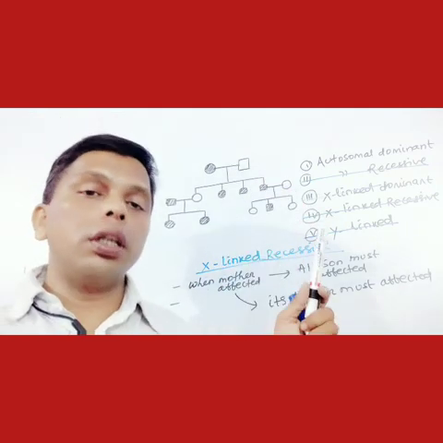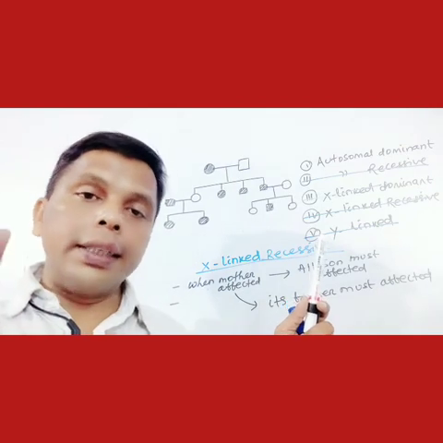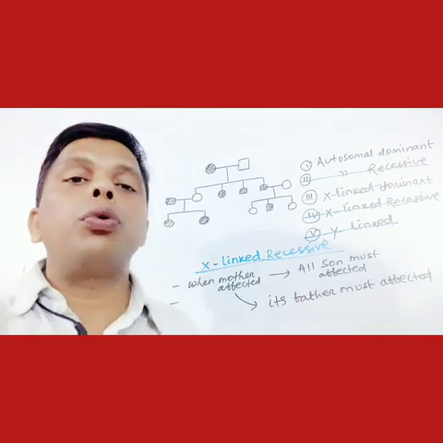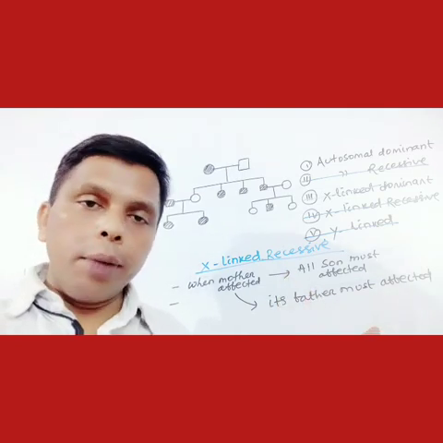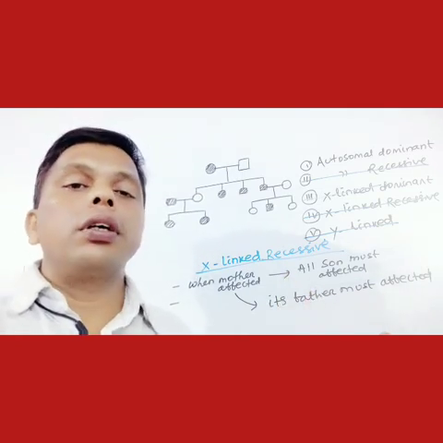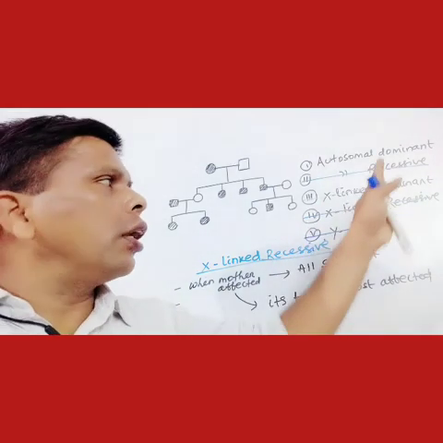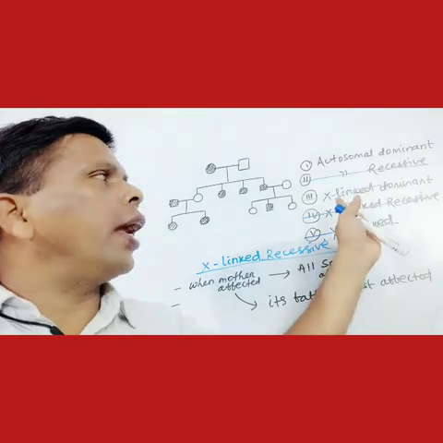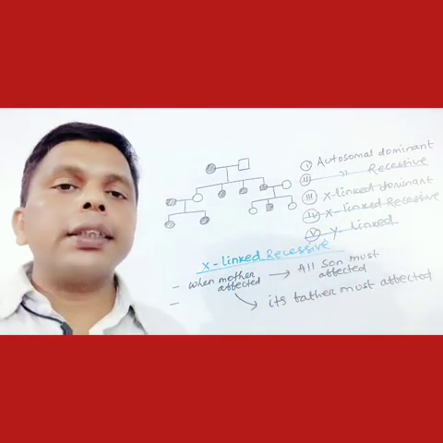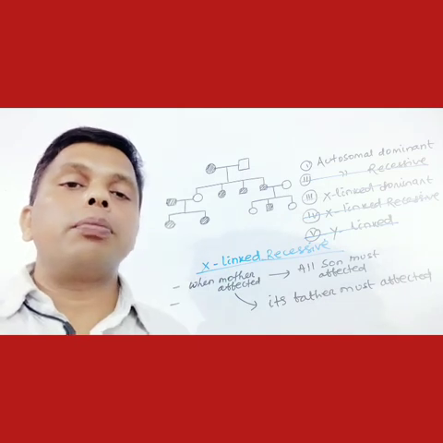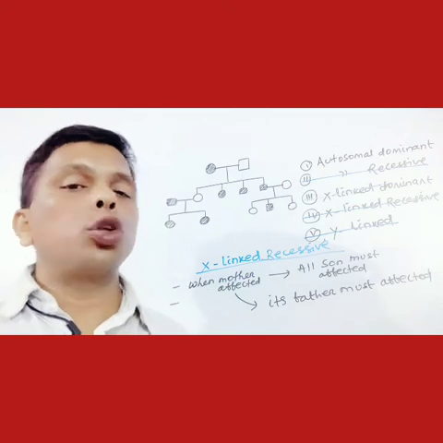We have to consider if the disorders are not found in all generations, it is recessive. Then we do not have to go for any type of dominant disorder. Out of the recessive, whether it is X-linked or autosomal, the pattern of rule for inheritance should be tested.